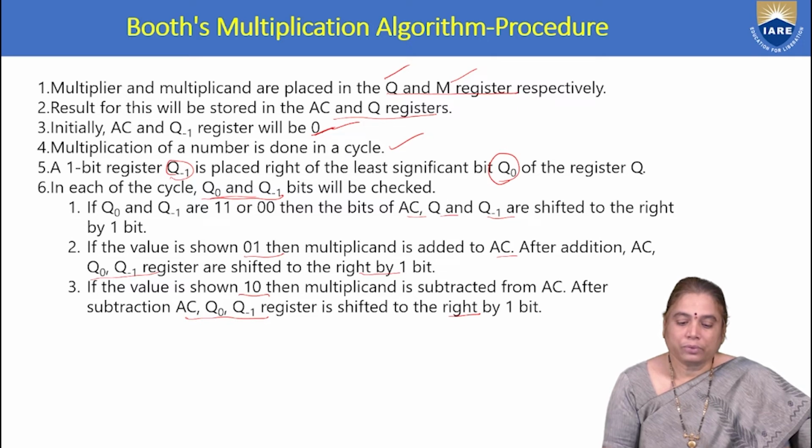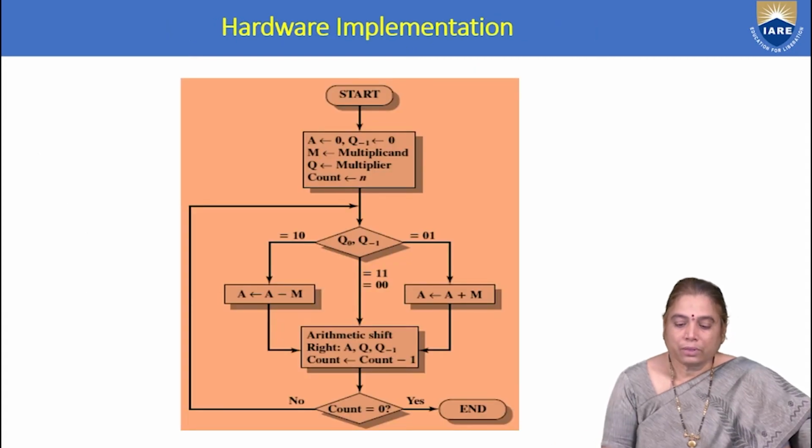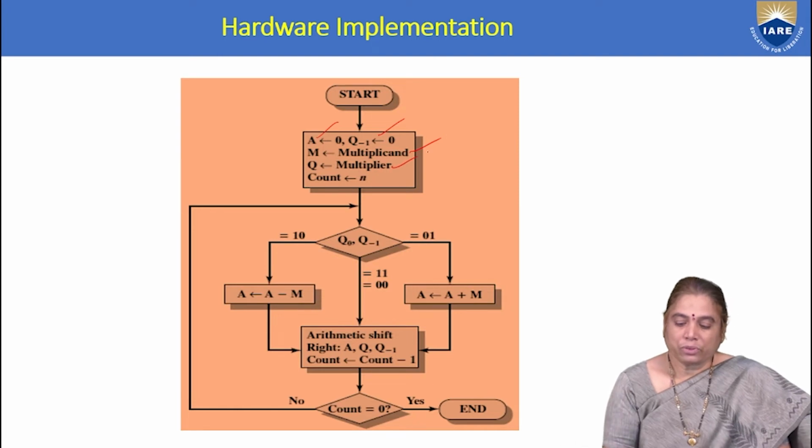Now this procedure is explained with a flowchart. This is the flowchart of Booth's multiplication algorithm. Here the A register is initialized with 0 and Q1 is initialized with 0. The multiplicand is stored in the M register and the multiplier is stored in the Q register.